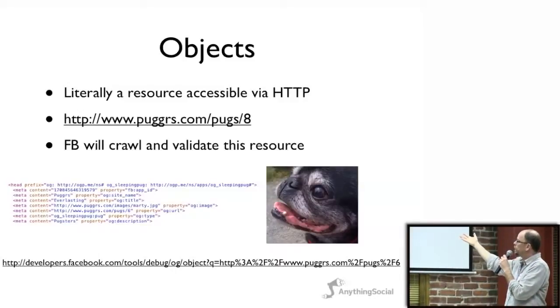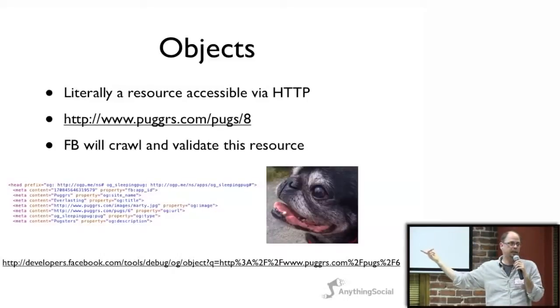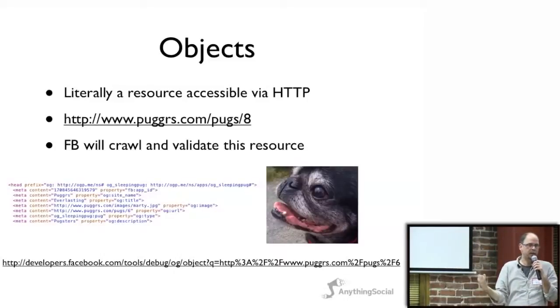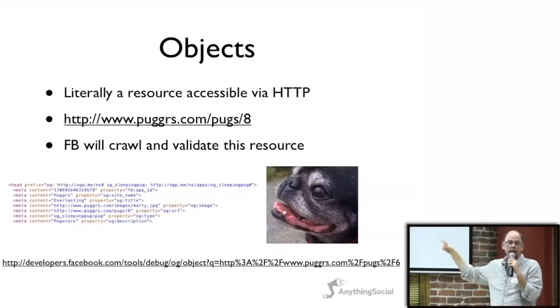Another really neat thing about the objects is that you can add custom properties to it. So for instance, pugs come in 3 flavors. They're fawn, black, and brindle. So yeah, I'm obsessed with pugs. So you might want to allow the user to specify what color the object is.